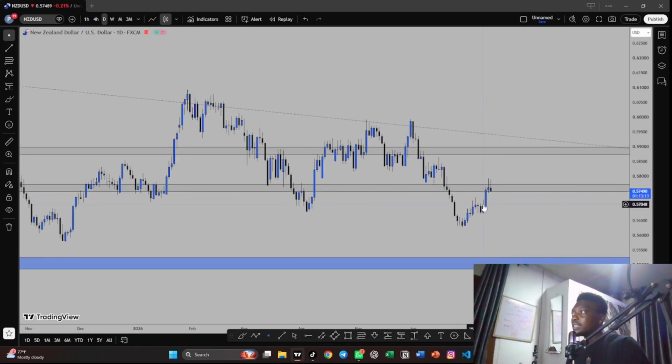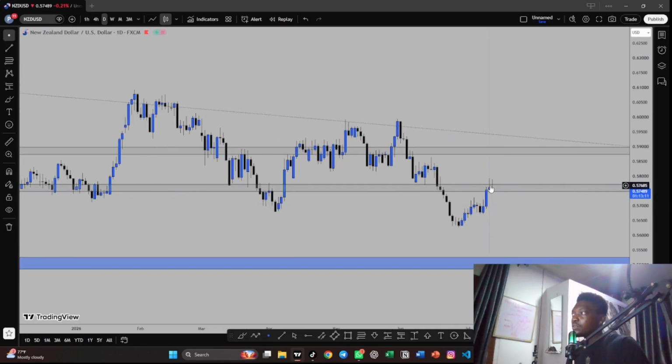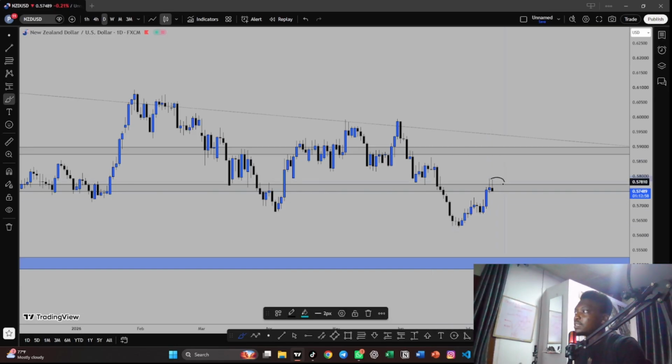The last candlestick tried to pierce through and was rejected, and the current candlestick also tried to pierce through and is now also getting rejected. This is signaling that we have sellers sitting at this region, and we might actually be looking for a sell opportunity to this blue zone, which is the major zone on the higher time frame.